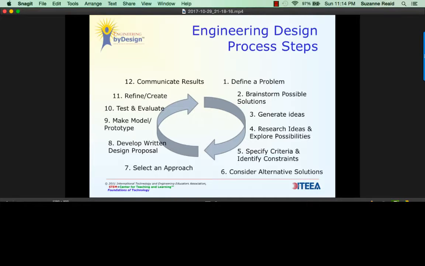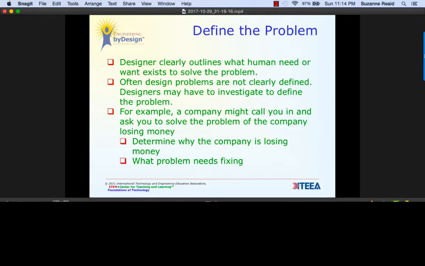You consider alternative solutions, select an approach, develop a written proposal or your design folio, make a model or prototype, test and evaluate it, refine and recreate it, and communicate your results. So there are 12 engineering design steps.